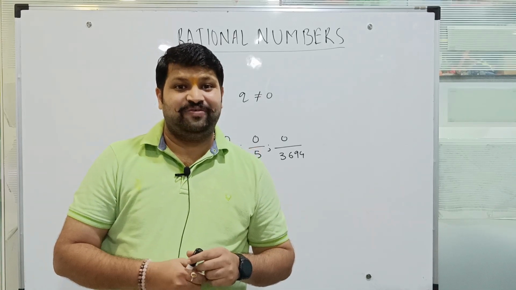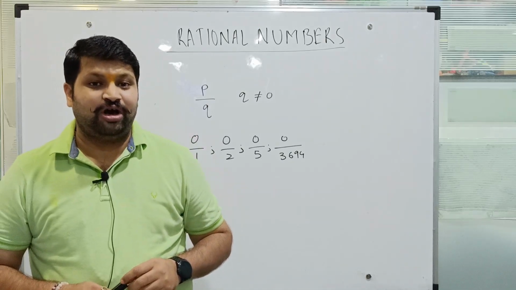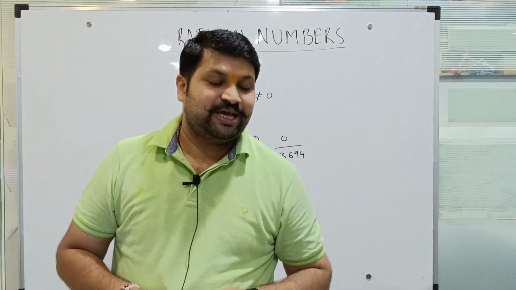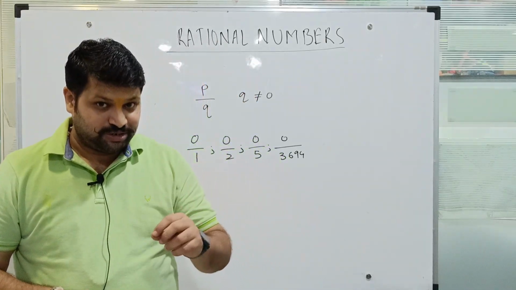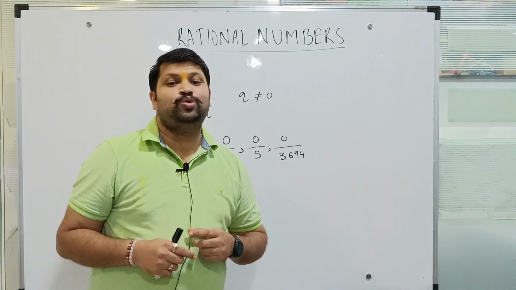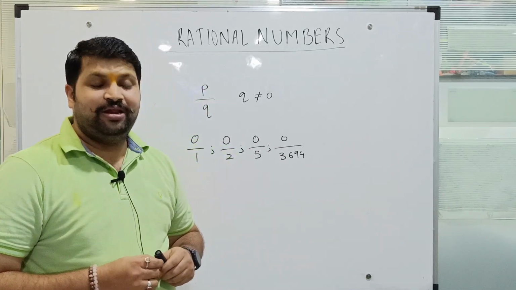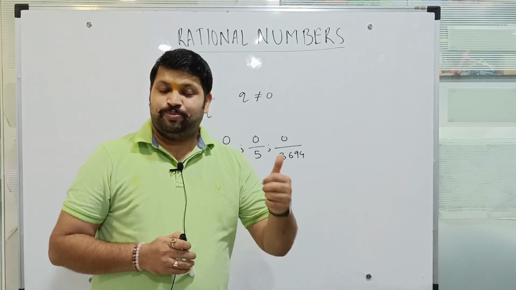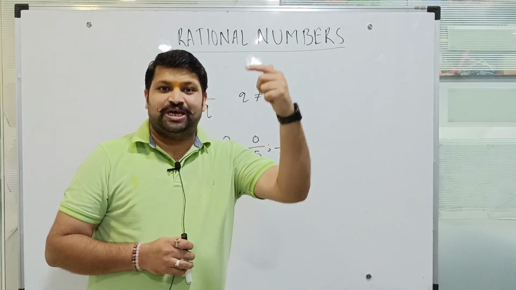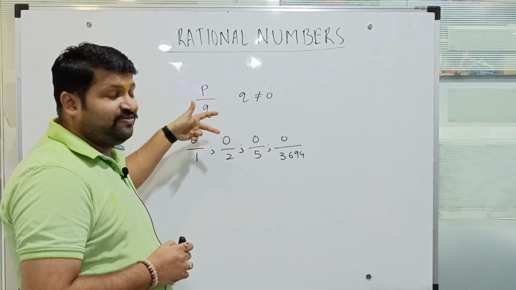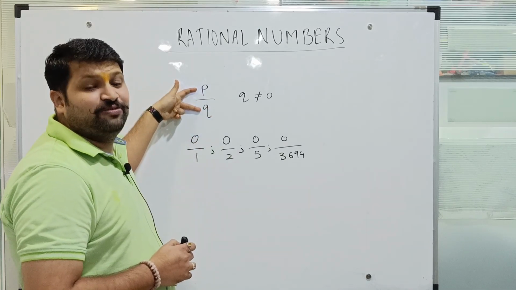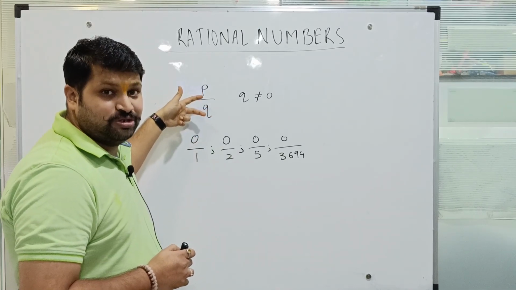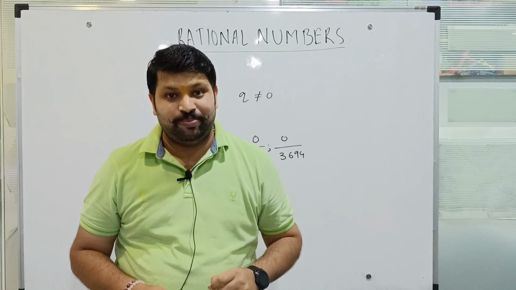The next thing that we have is, if the numerator and the denominator have the same signs, then the rational number would be positive. If one of the two has a negative sign, then that rational number would be negative. So for positive rational numbers, both the signs are the same. If P and Q both are negative, or if P and Q both are positive, then that rational number would be positive.